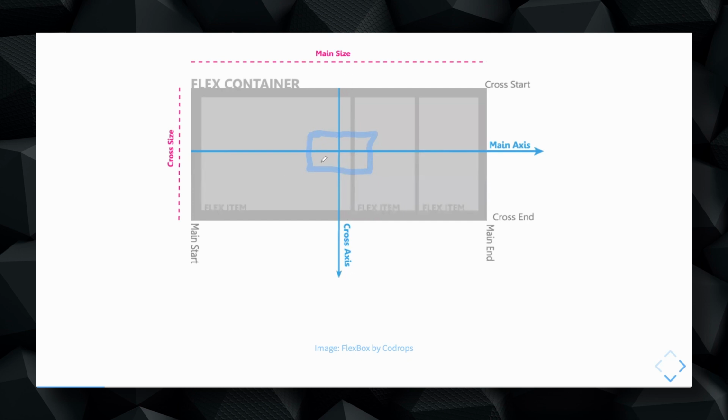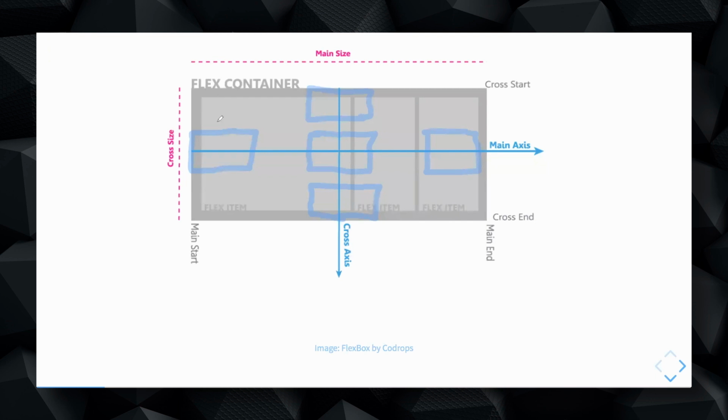So by having this system of coordinates, we're able to say, move this element to the center, or to the end of the main axis, or to the end of the cross axis, or to the start of the cross axis. So these two axes, the main and the cross axis, let us position the elements anywhere we want. This is a very important concept.